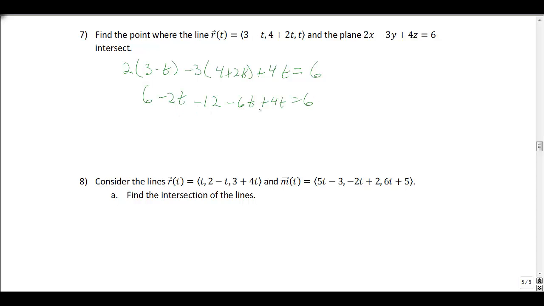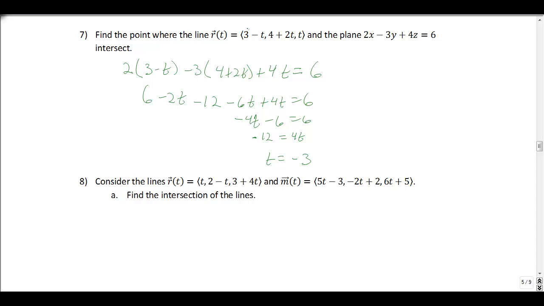So we have a minus 8t, we have a plus 4t, minus 6 equals 6. We can move the 4t over there and get negative 12 equals 4t. You see that t is negative 12 over 4. T is negative 3. So that's not our answer, that's the t.